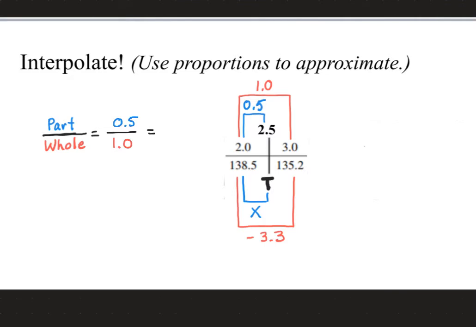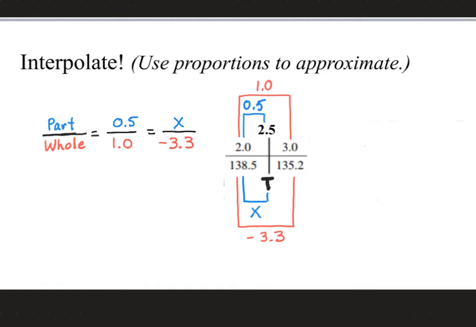And likewise for the temperature, the whole difference of this section of the chart is minus 3.3 degrees Celsius, and the part is x. We don't know the difference there yet. We're going to determine it.